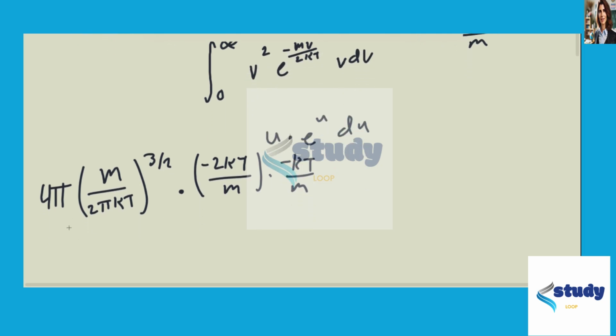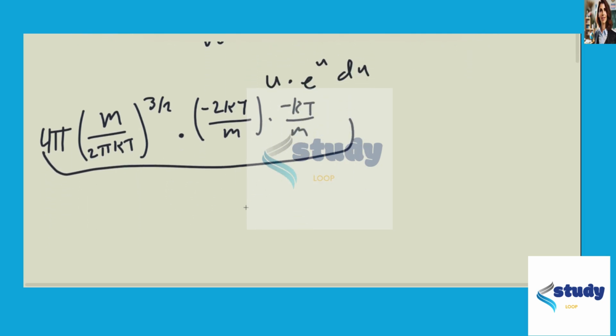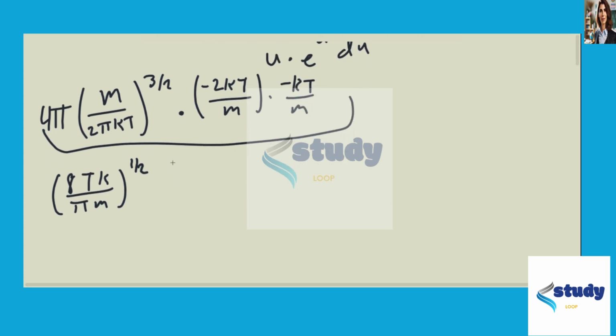So I'm just going to simplify these constants on the outside first. When you boil all that down, you're going to get 8kt over pi m to the 1/2.